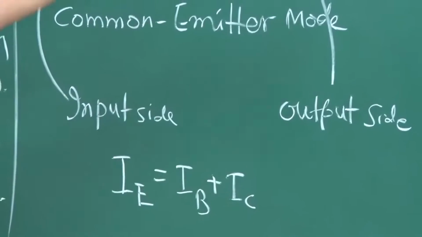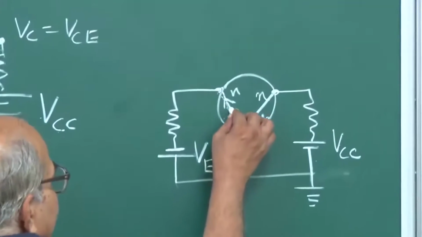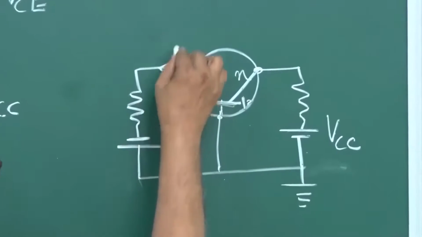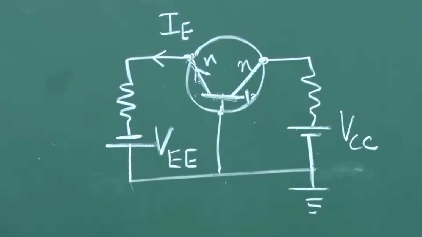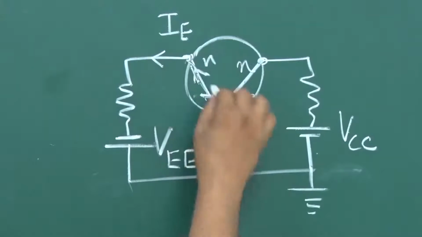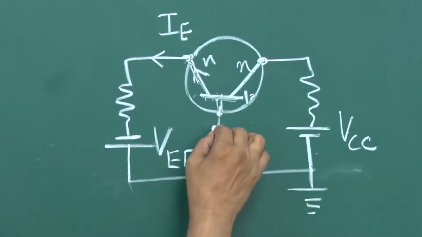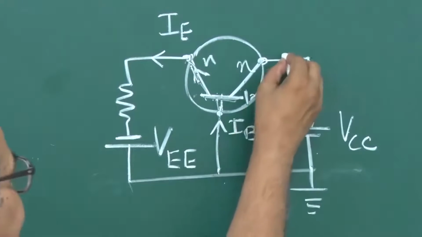Here also the same story. This is the emitter, so this current will be IE. And since this is a PN junction, the current will go into P and then N in this junction. So you will have IB here and then IC.